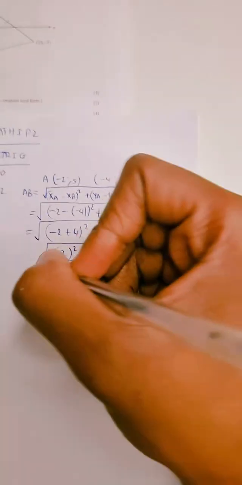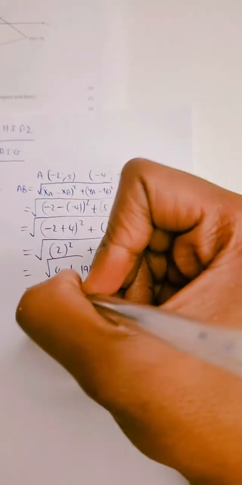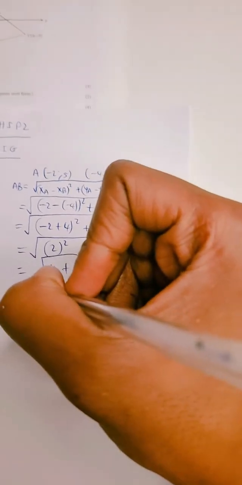So we have 4 plus 196. That gives us 200.